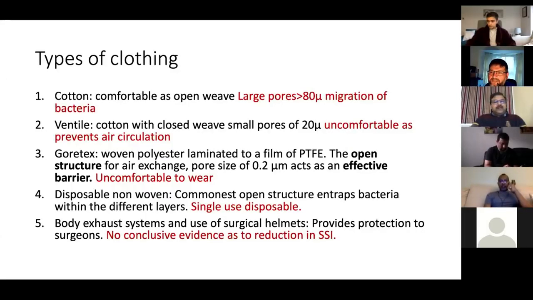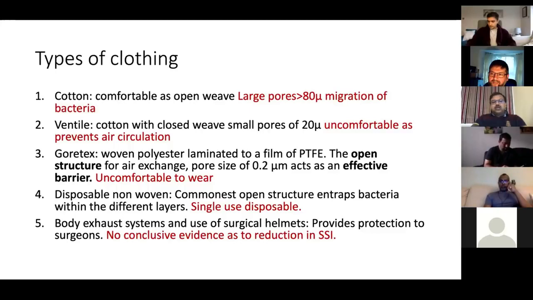Now, different types, Ventile, Gore-Tex, are all mentioned in the Ramachandran textbook, but basically the commonest type used are the disposable non-woven ones, basically a non-woven open structure with different layers.